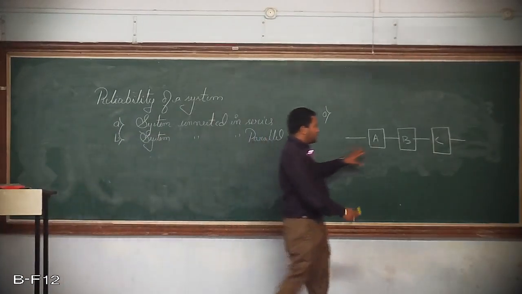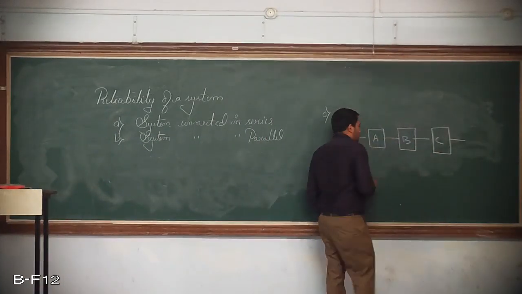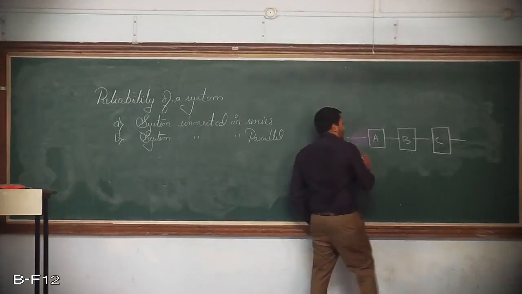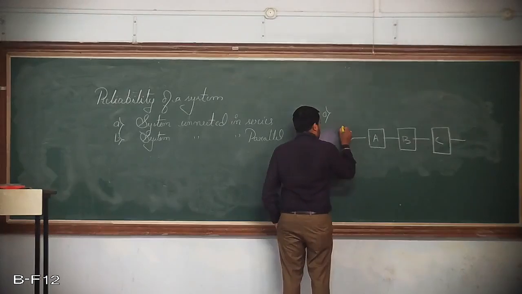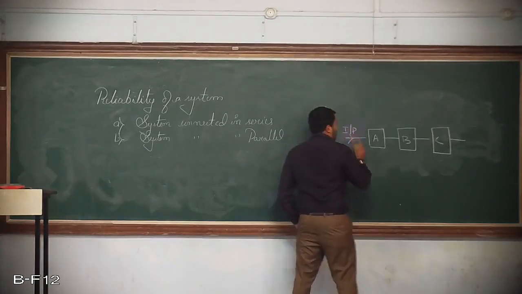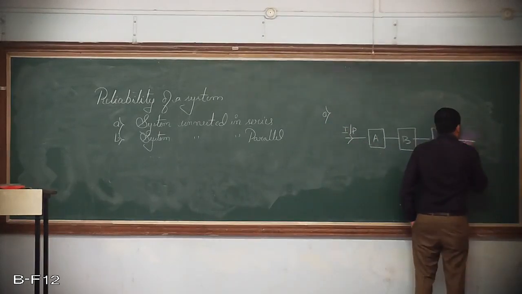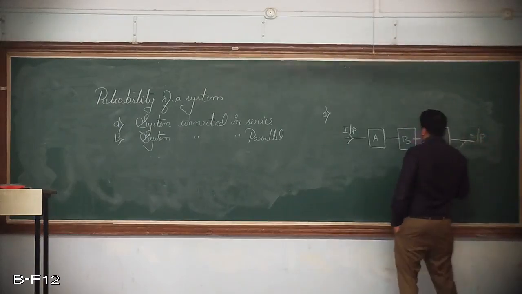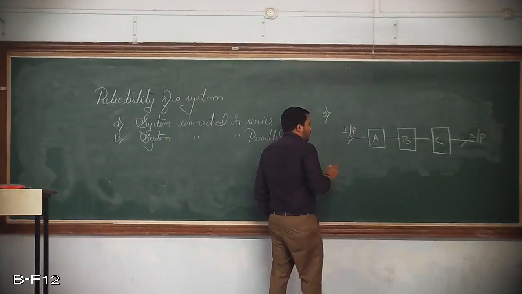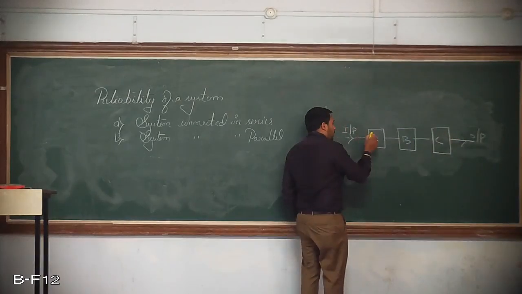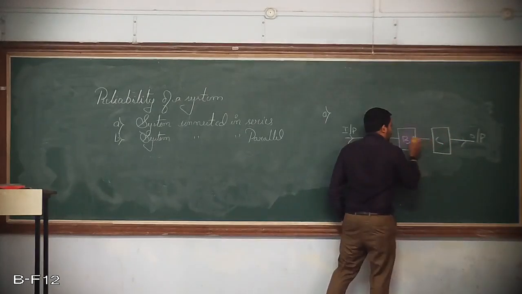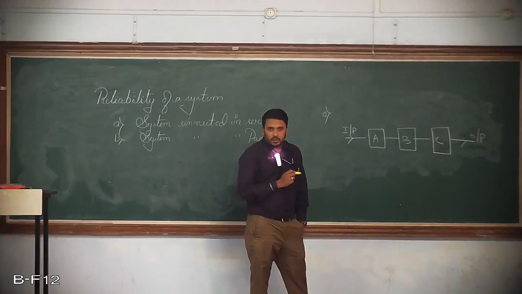So these are the parts in the system which are connected in series. Hence, the system is in series. Let us say this is the input and this is the output. In order to get the output from this input, all the parts in a system must be in working condition.